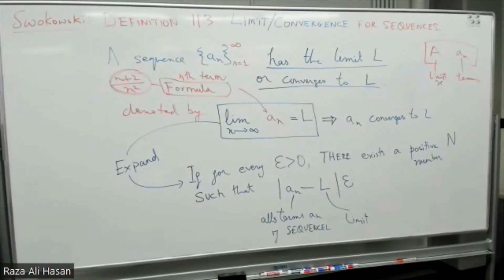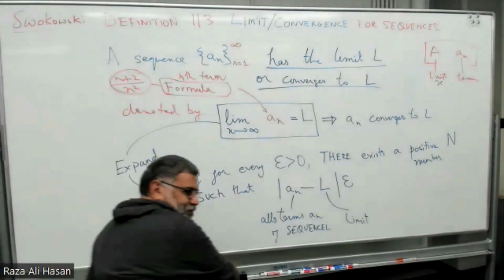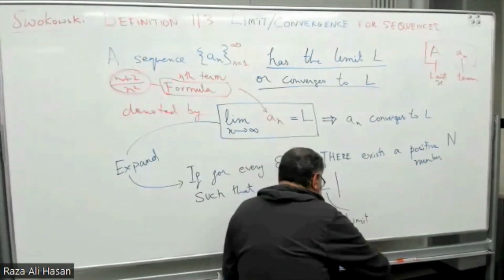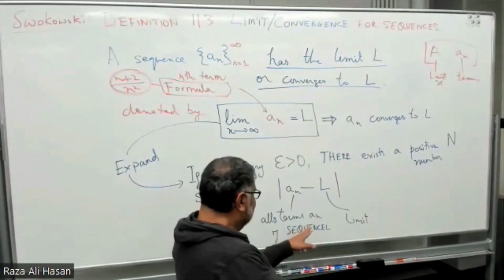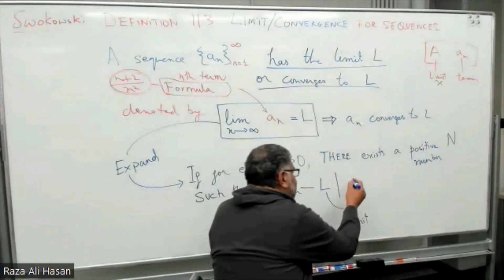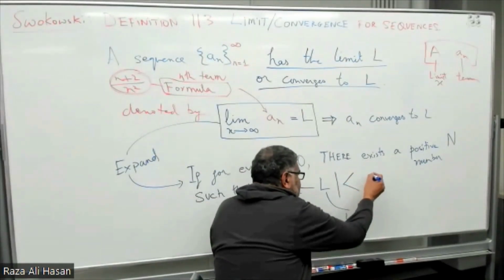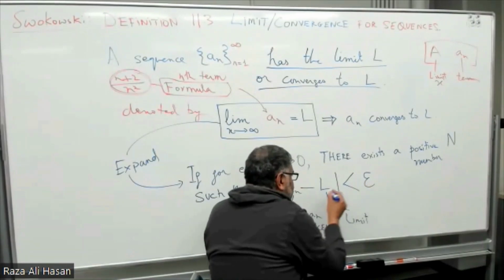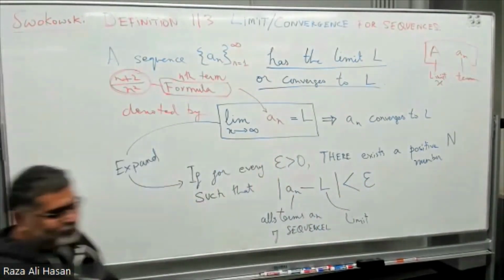The absolute value of an minus the limit is less than epsilon. All the terms an of the sequence are less than epsilon distance from the limit of the sequence.